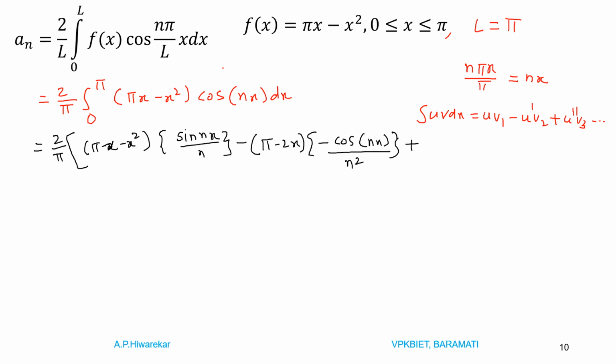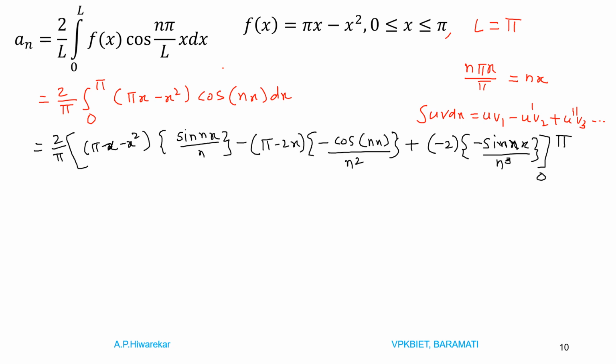Then plus the derivative of pi minus 2x, which is minus 2. Integration of cos is sin, so this is minus sin nx divided by n square into n, that gives n cube. The next term will not be there because the derivative of 2 will be 0, and limits for integration are 0 to pi.